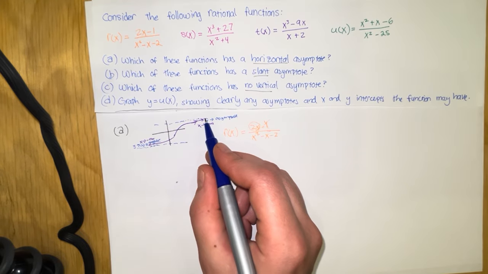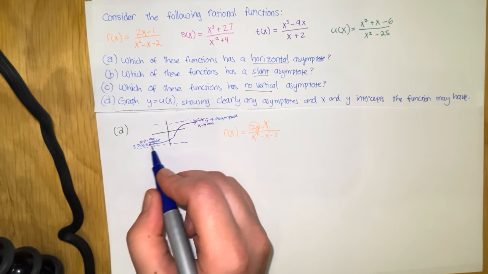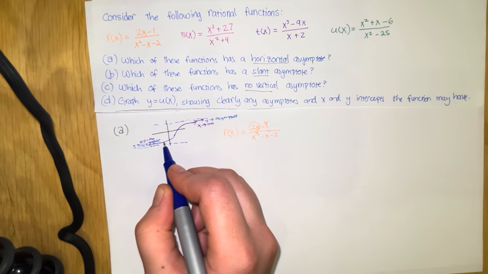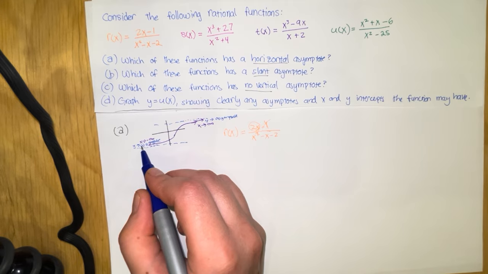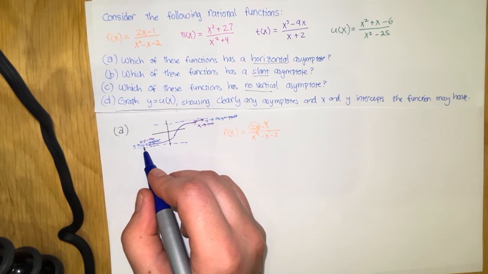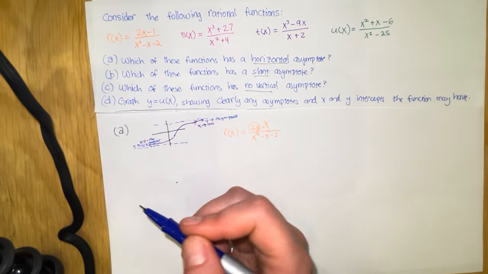The y is getting closer to this value. You could look at this other horizontal asymptote over here. As x gets closer and closer to negative infinity, it's getting bigger and bigger in the negative direction. The y keeps getting closer and closer to this line, to this y value.